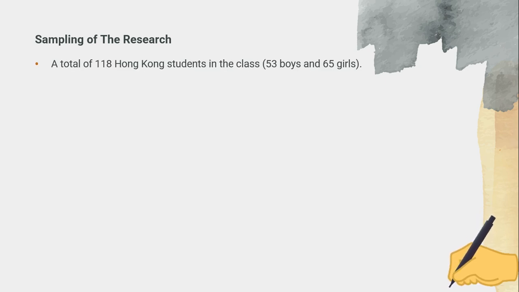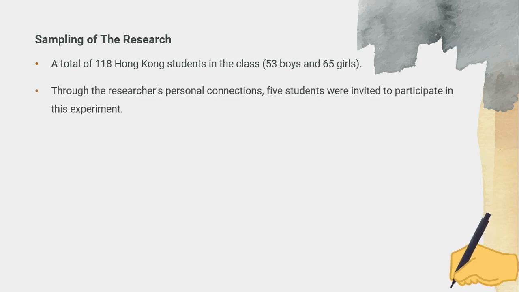There were a total of 118 Hong Kong students in the class, which is 53 boys and 65 girls. Through the researcher's personal connections, 5 students were invited to participate in these experiments.